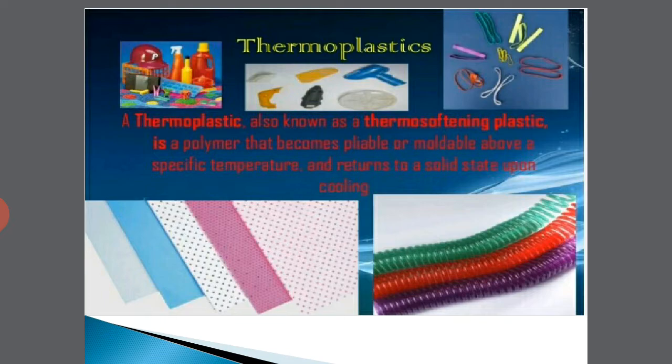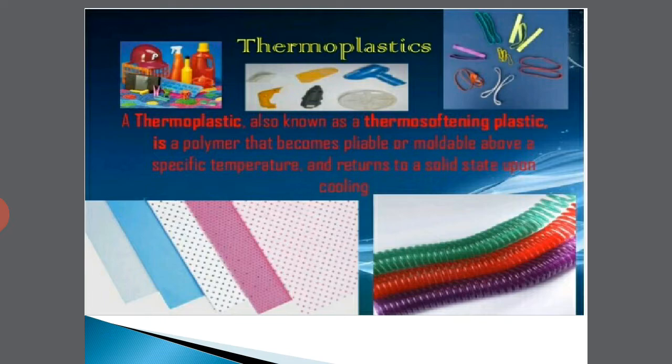Some images are shown over there. You can see the binding wire that is used in binding roll is also over there. So whenever you will stretch thermoplastic and when you release it again, it will come back to its original shape.